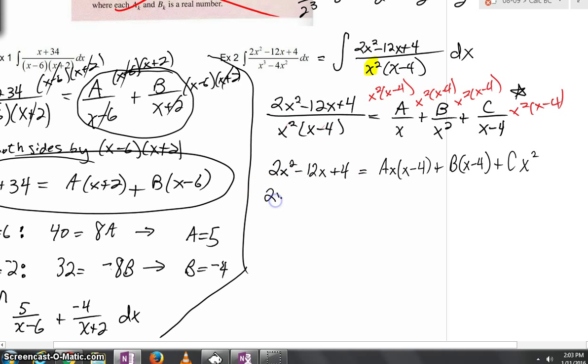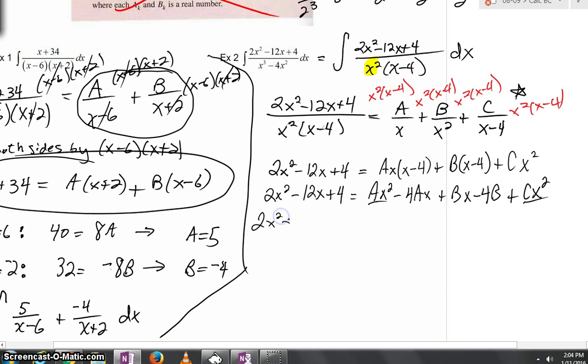Coefficient analysis says, in essence, let's multiply everything out on the right side. We'll have ax squared minus 4ax plus bx minus 4b plus cx squared. And then I'd like for us to add our like terms together.